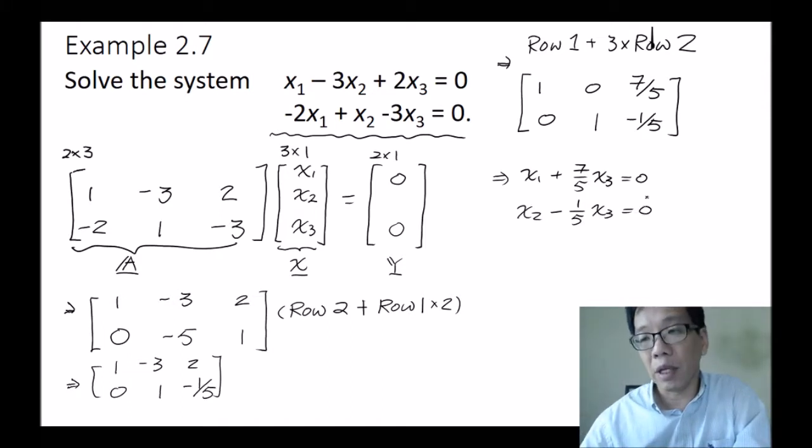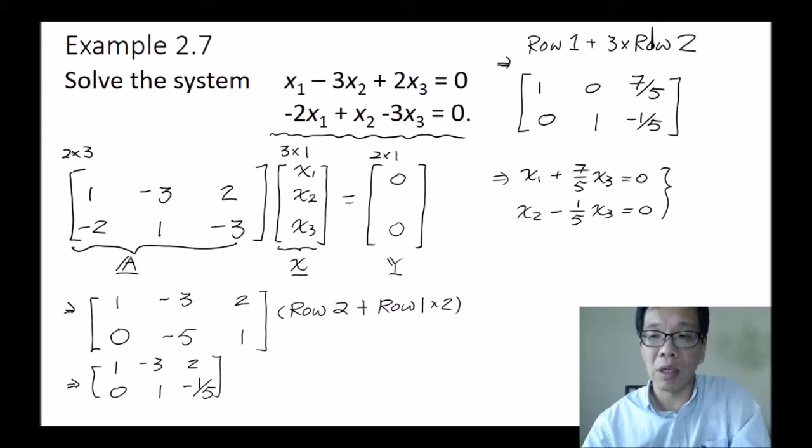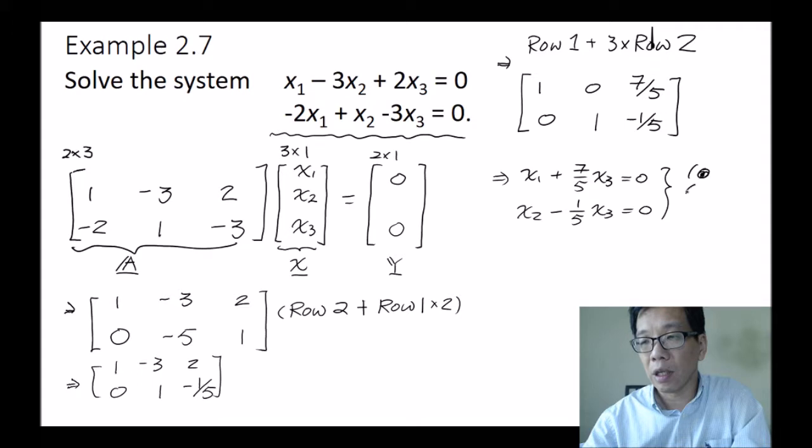So any combination that can fulfill these two criteria will be the answer. One of the simplest answers you're going to find is x1 equals x2 equals x3 equals 0. This is a trivial one.